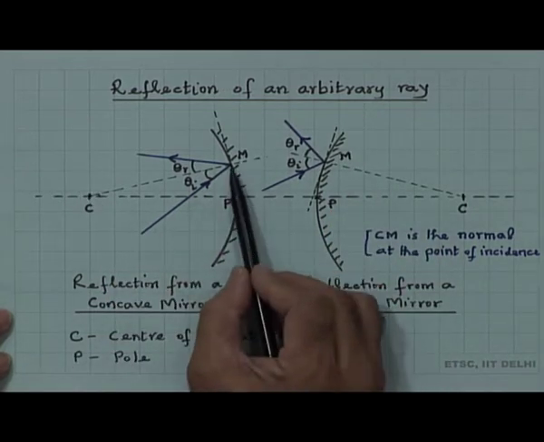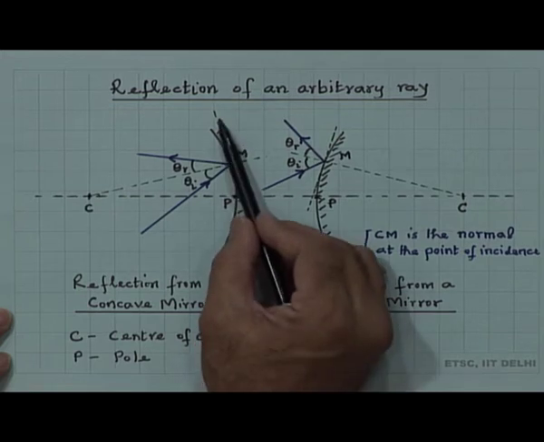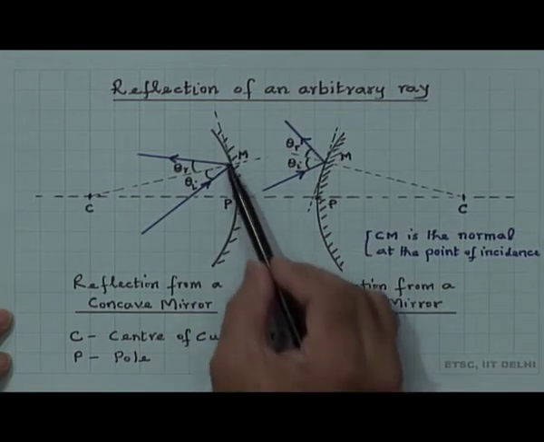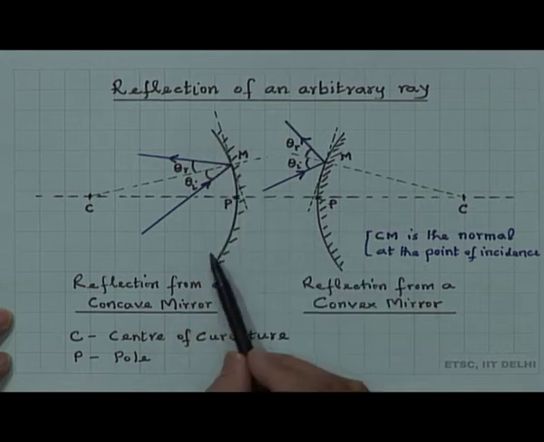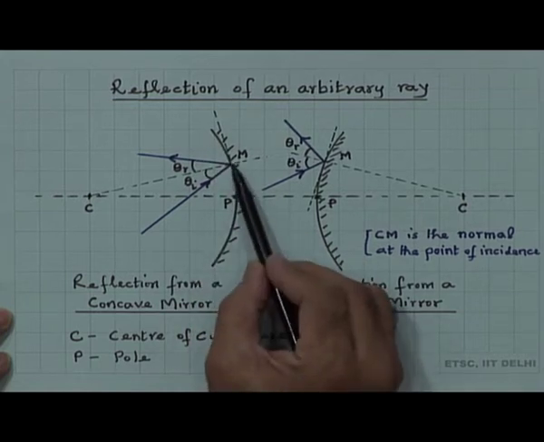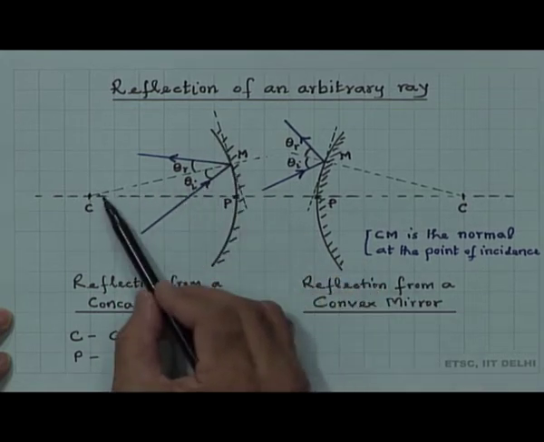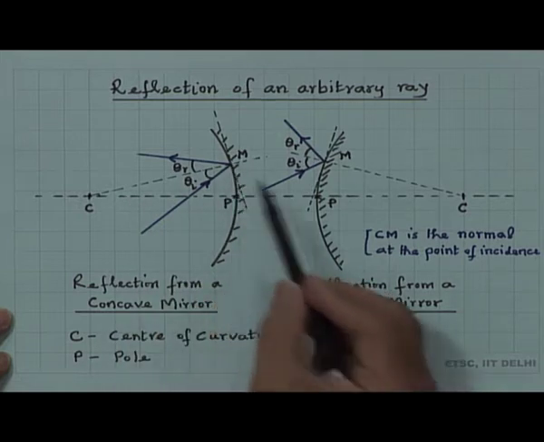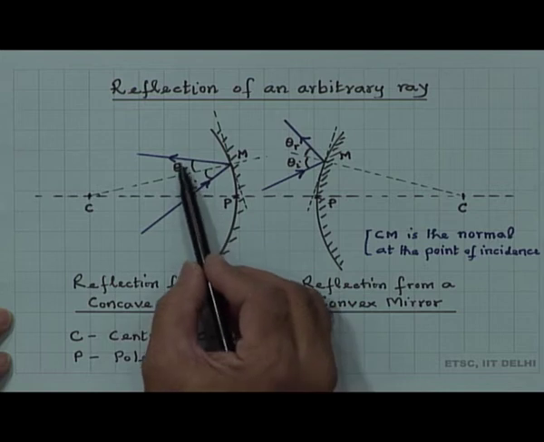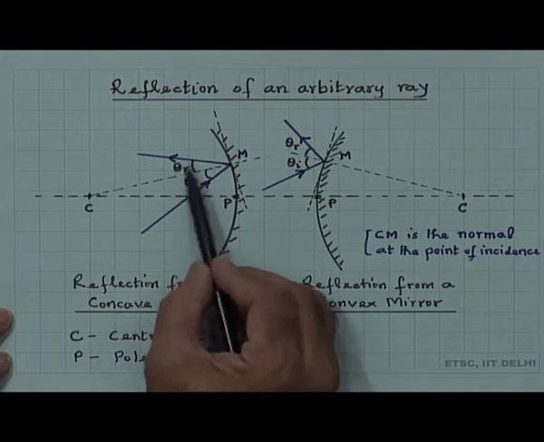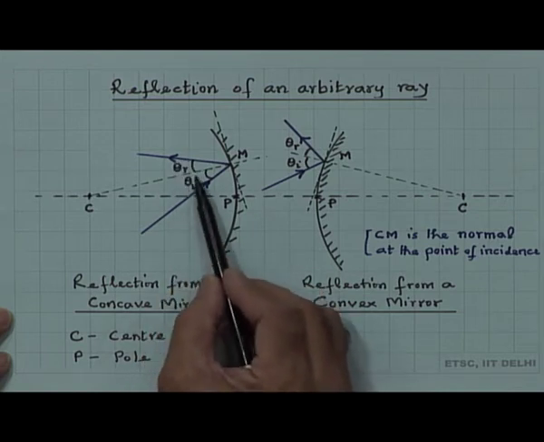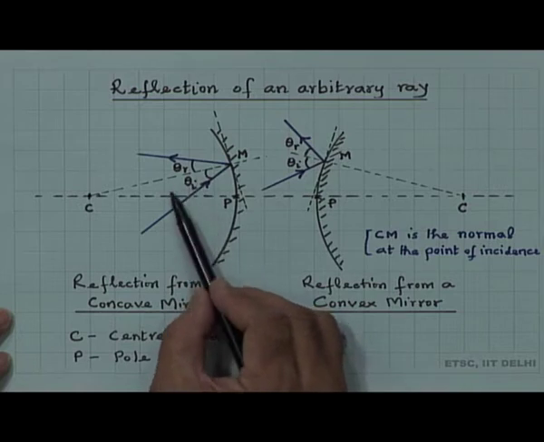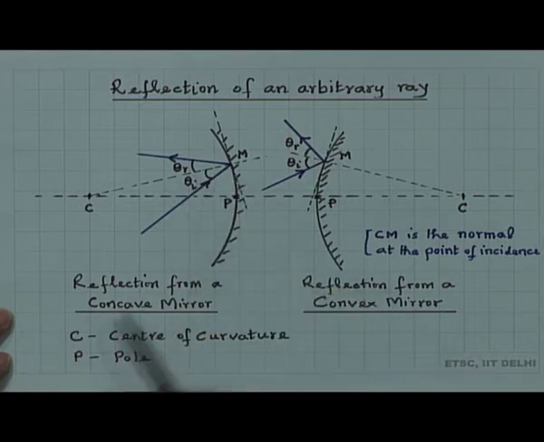First, at the point of incidence M, we draw a tangent to the spherical surface, and the normal to the surface. By the law of reflection, the angle of reflection theta r must be equal to the angle of incidence theta i at that point.